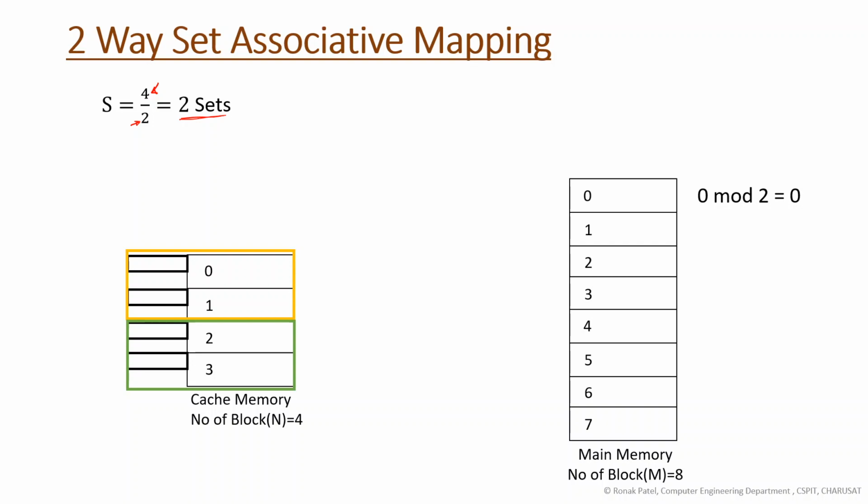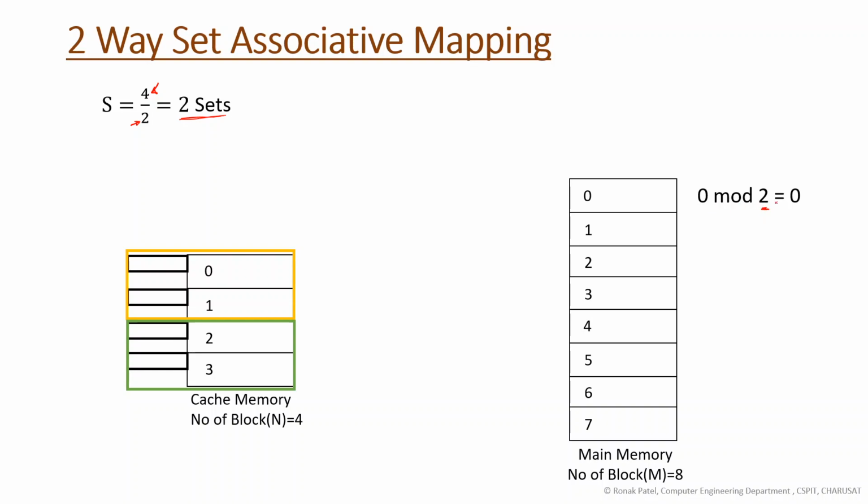I want to put block number 0 of main memory into cache memory. So now I need to perform the modulo operation. In the previous case we were performing modulo on the number of blocks, which was 4. Now it is on sets. How many sets? 2.